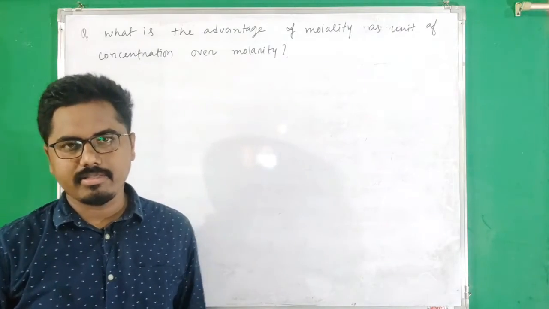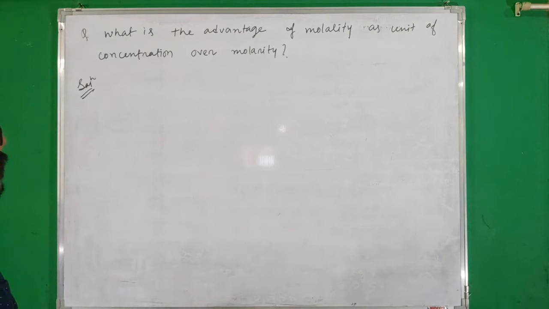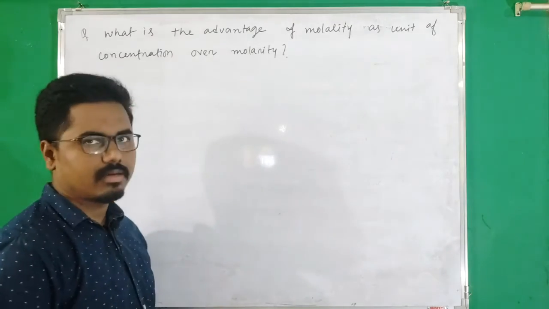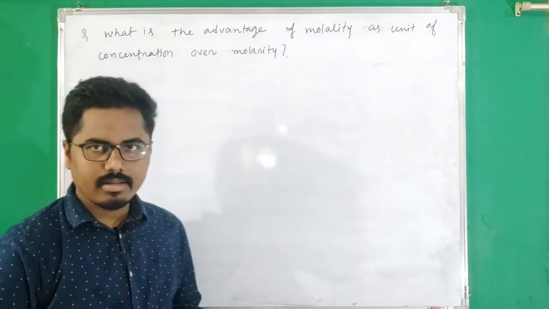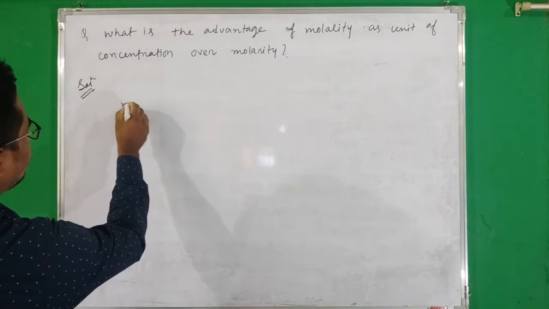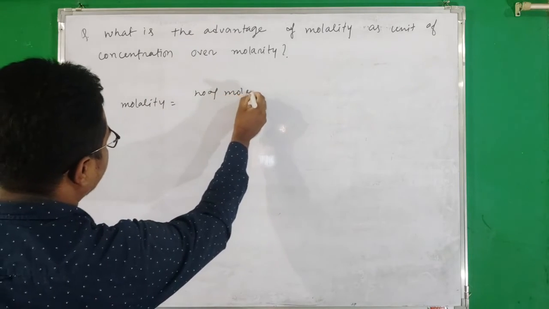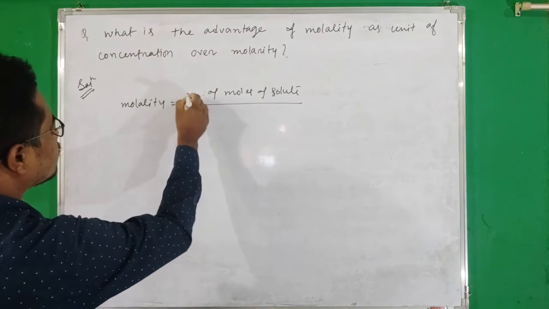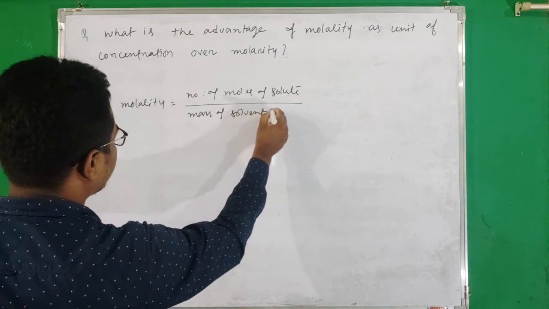Our next question is very interesting: what is the advantage of molality as a unit of concentration over molarity? So that means molality has some advantage over molarity, and what is that advantage? We know that molality equals number of moles of solute divided by mass of solvent in kg.